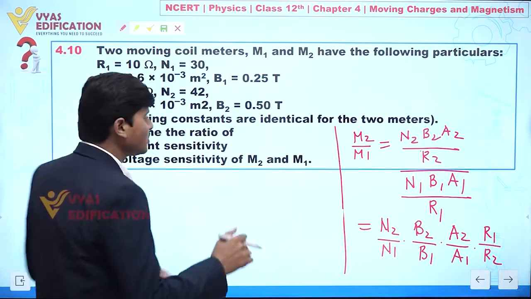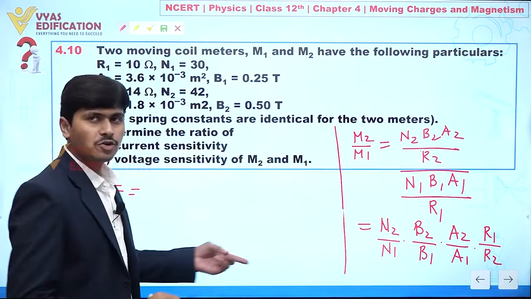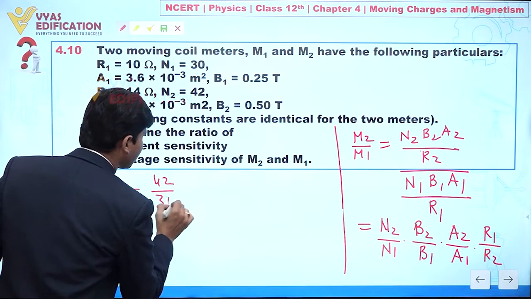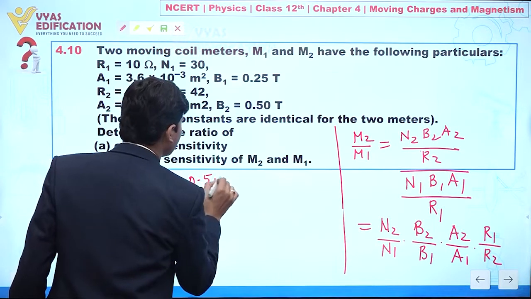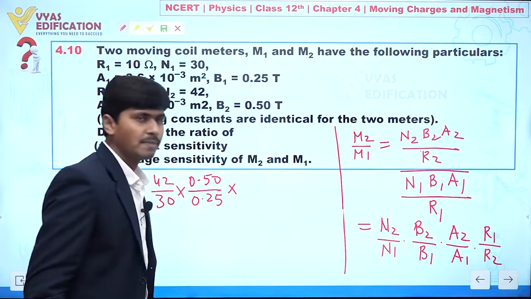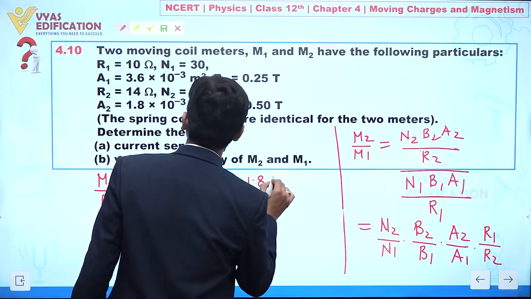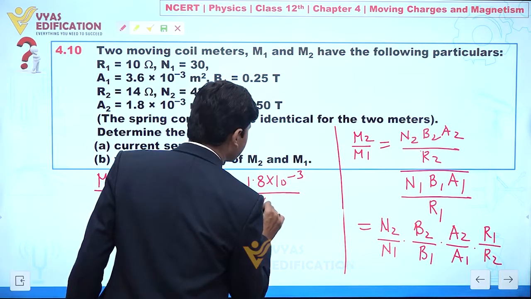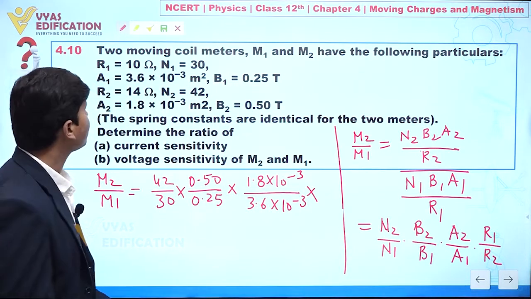So M2 by M1: N2 by N1 is 42 by 30, B2 by B1 is 0.50 divided by 0.25, times A2 by A1, which is 1.8 into 10 to the power minus 3 divided by 3.6 into 10 to the power minus 3, multiplied by R1 by R2.